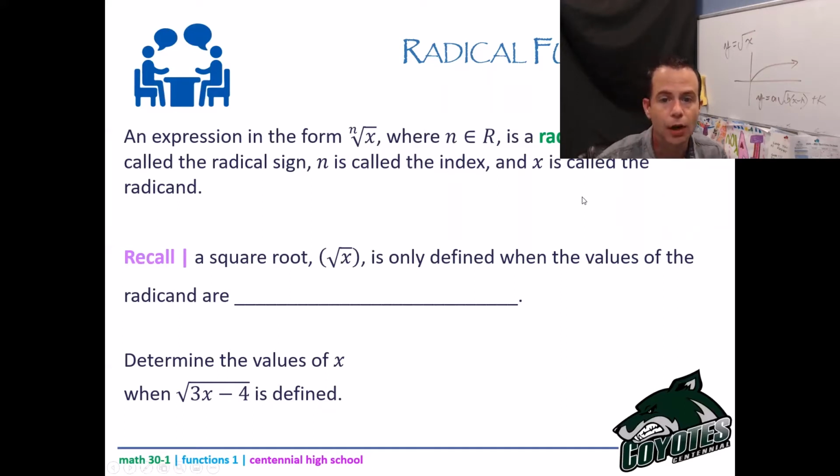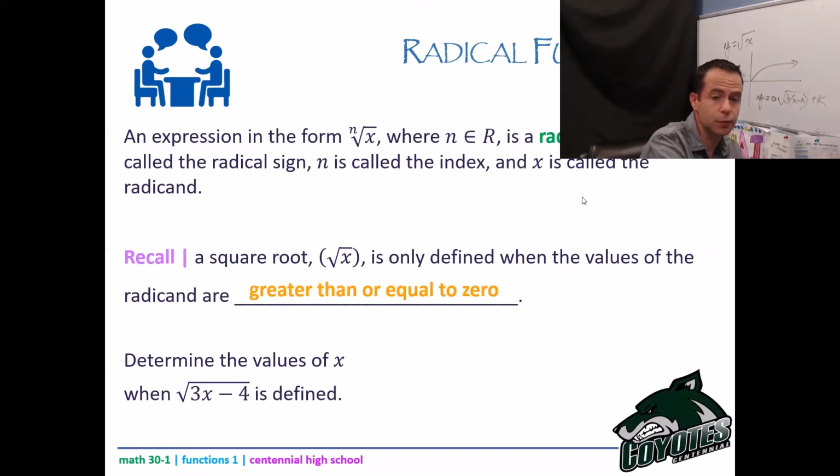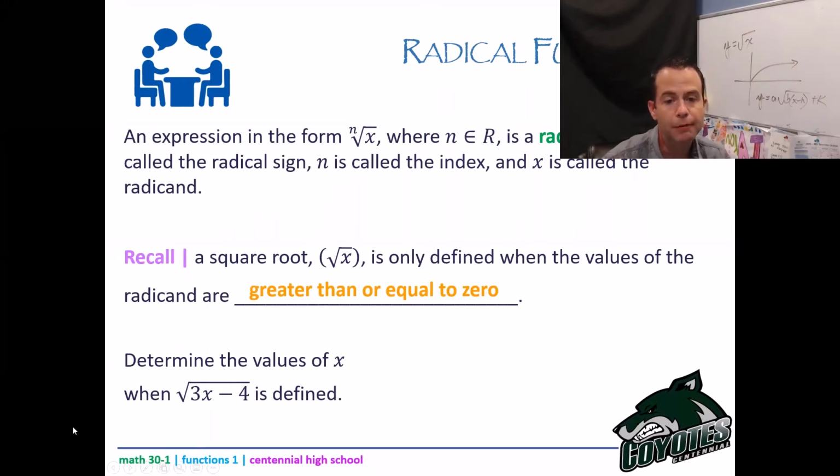Now, recall that a square root, the root of x, is only defined when the values of the radicand are, and you'd be yelling at me right now, greater than or equal to 0, or maybe you just said positive, and that would make sense as well. So if I was going to determine the values of x when the root of 3x minus 4 is defined, I need to make sure that my radicand is positive.